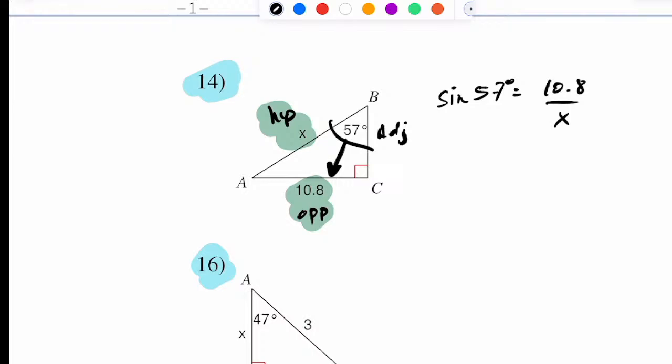Now in this situation, what you want is in the bottom. You guys always have trouble solving this. You always want to put x equals 10.8 sine 57. This is not the case. You've got to multiply across by x, and then divide by sine 57.